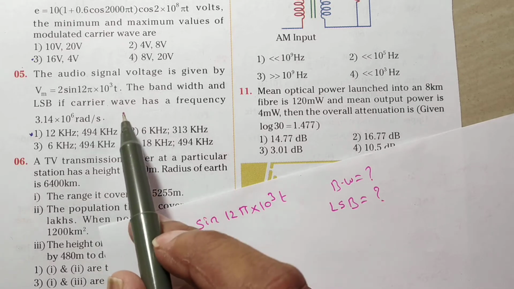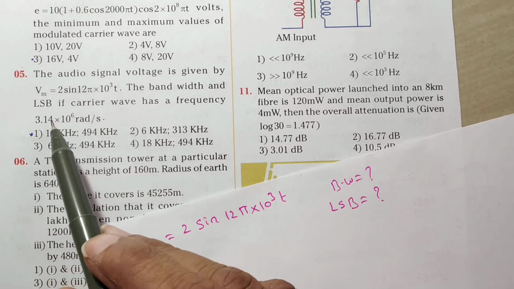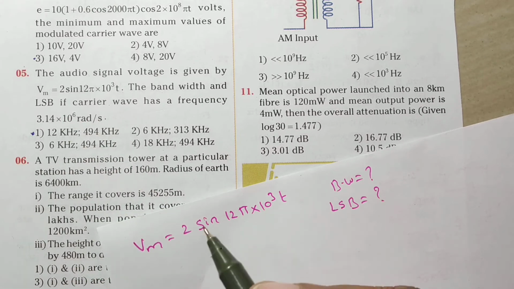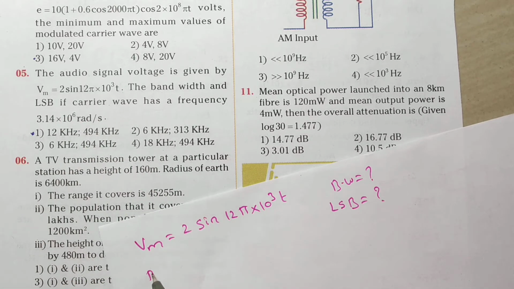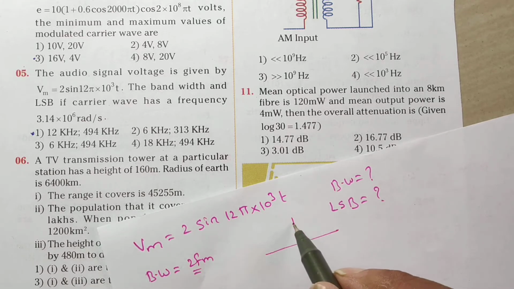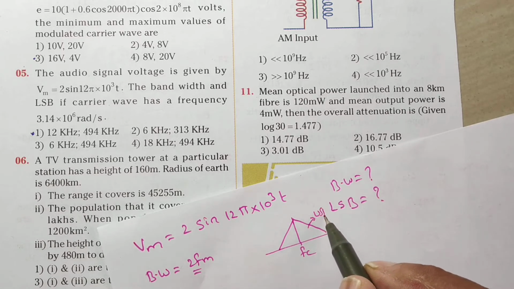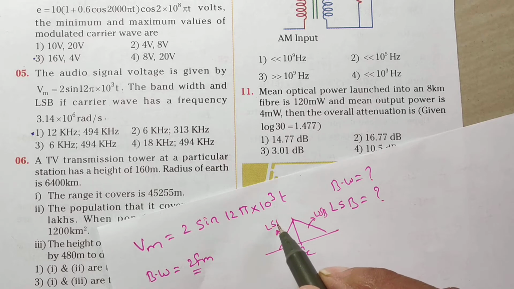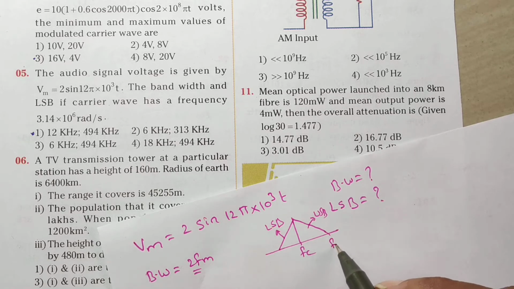If the carrier frequency is given in radians. Now bandwidth means 2 FM. How are we getting this formula? In AM, this is the carrier frequency FC, this is the upper sideband, and this is the lower sideband. Upper sideband frequency is FC plus FM. Lower sideband is FC minus FM.